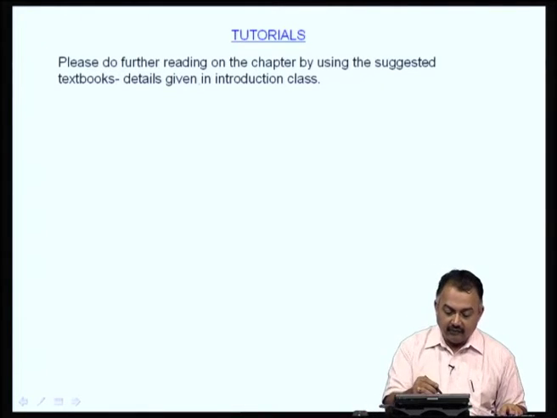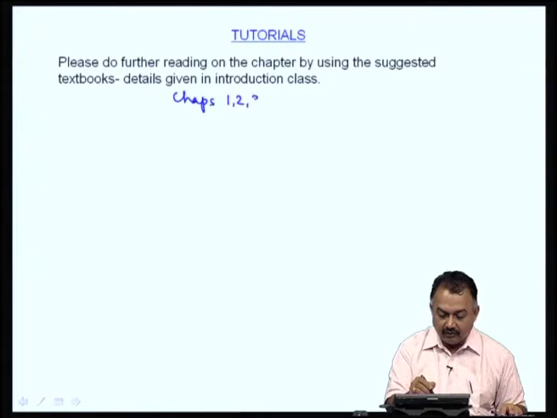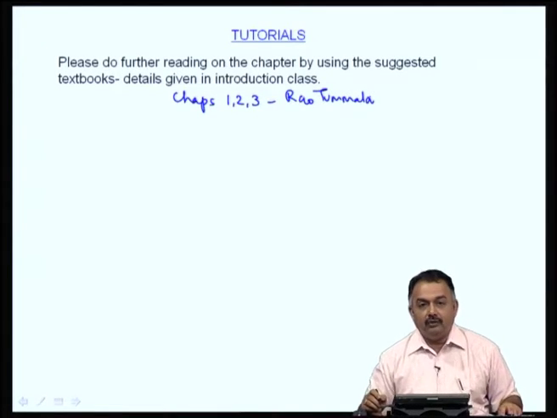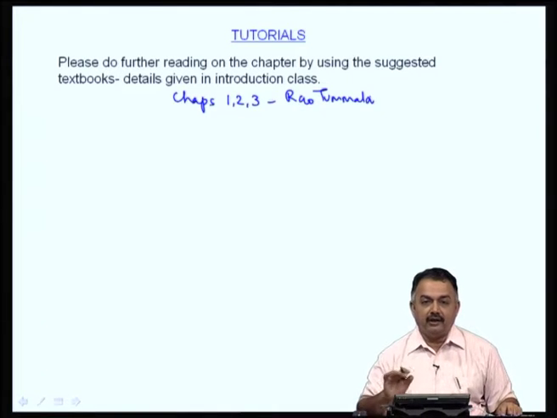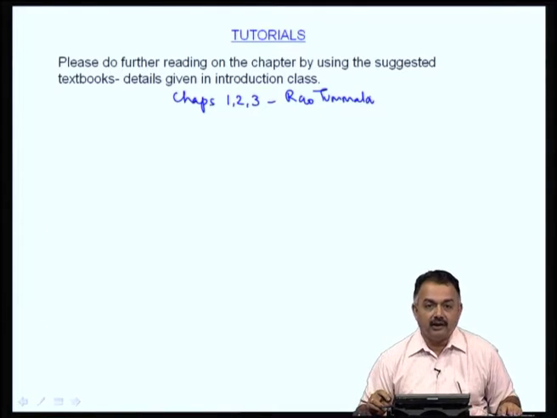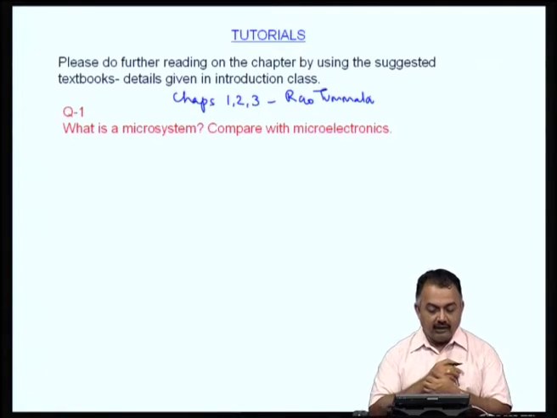As I said, even if you can read chapters 1, 2 and 3 of Rao Tummala, which is the prescribed textbook for this course, you will be complete in your understanding of the basic packaging fundamentals. Now, I will begin the tutorial.